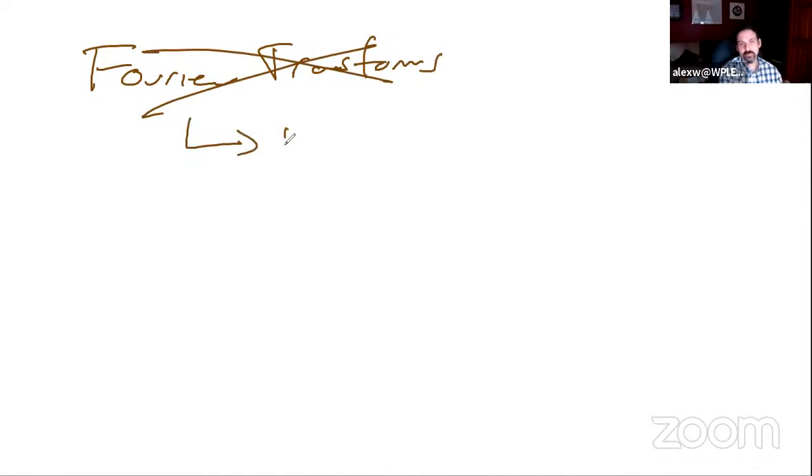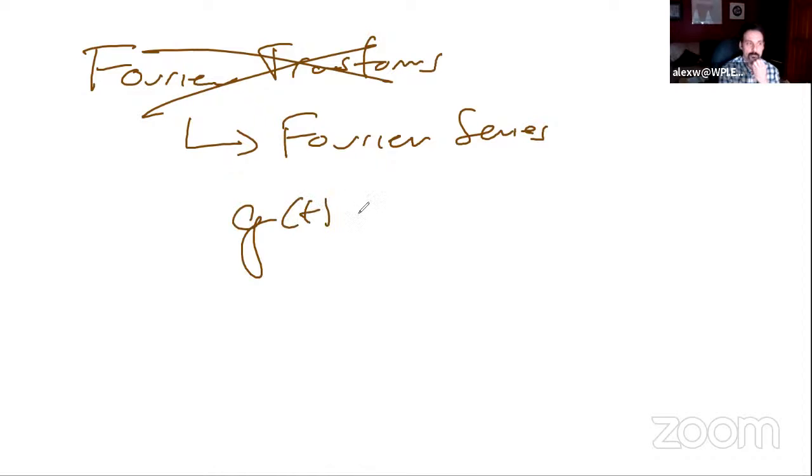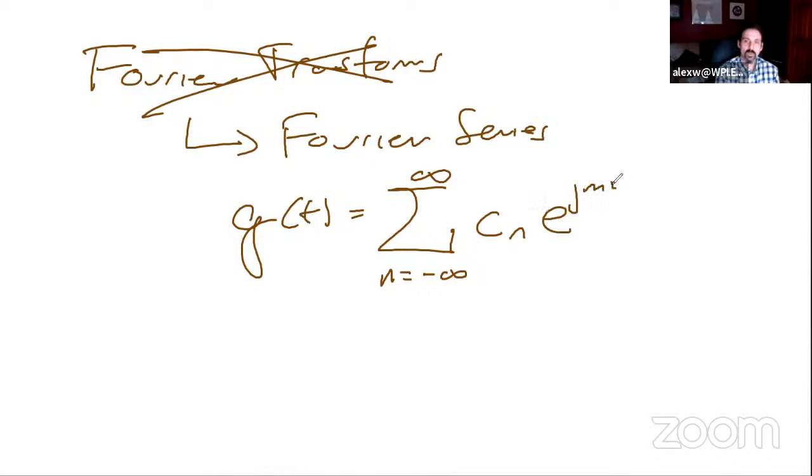We have to instead use Fourier series. Therefore, my g of t is going to be represented by a continuum of these Fourier series coefficients, and it's going to be e to the j n omega naught t. That's going to be important. Oh, sorry, not m, n.